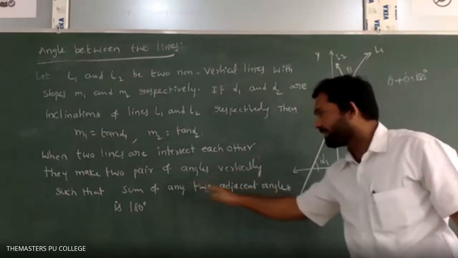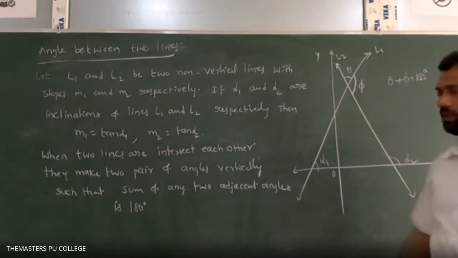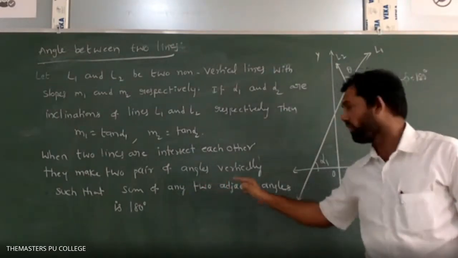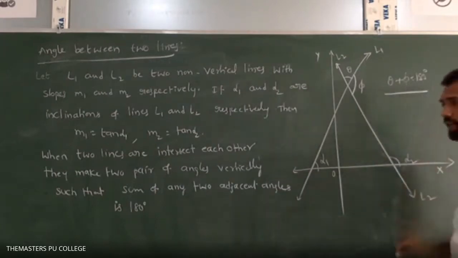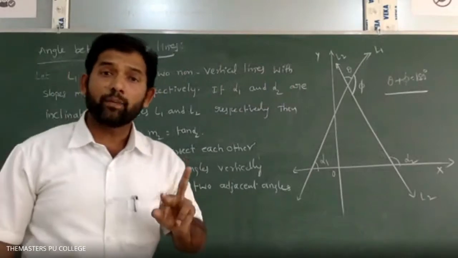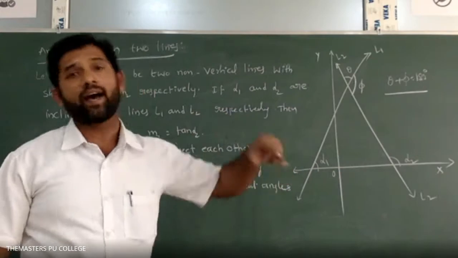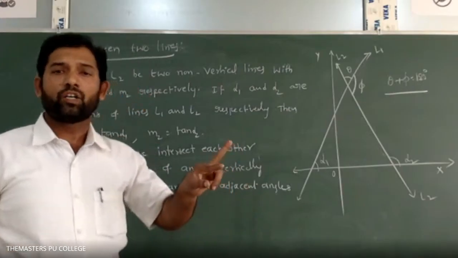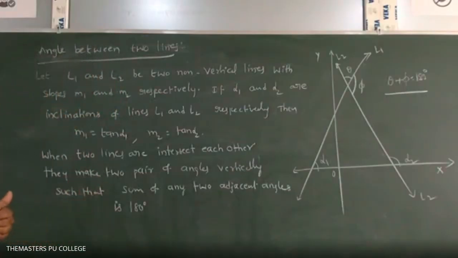The sum of any two adjacent angles is equal to 180 degrees. So the angle between two lines means you have to consider theta or phi. Understand? Right. Note down first.